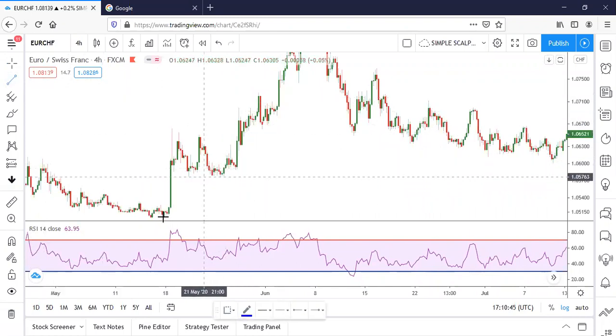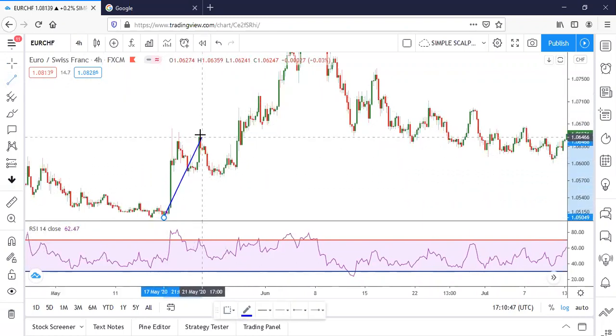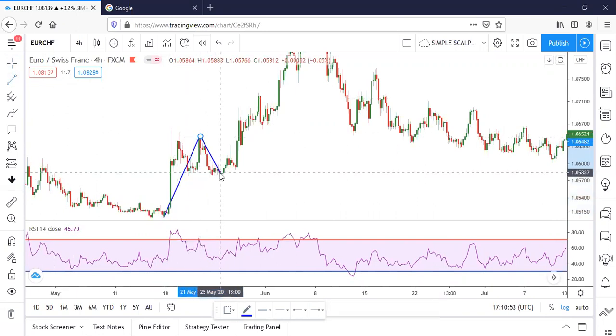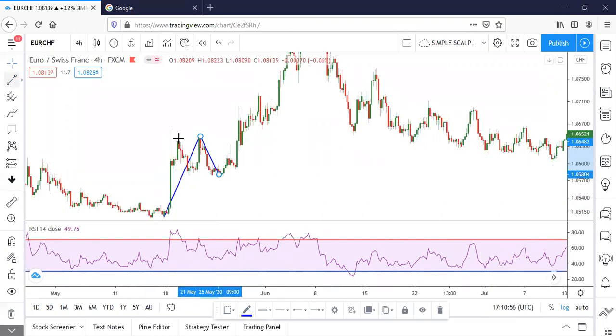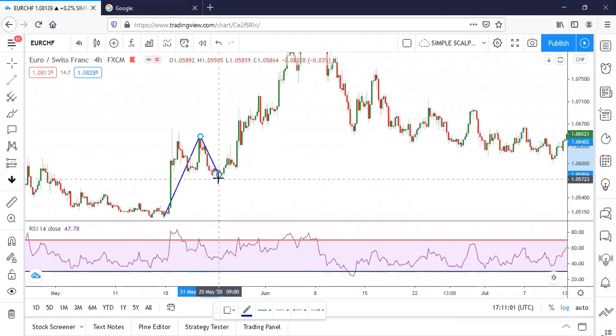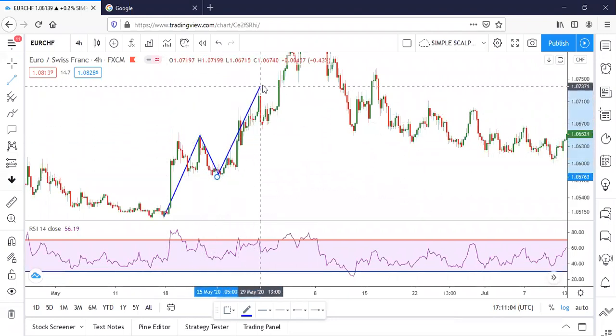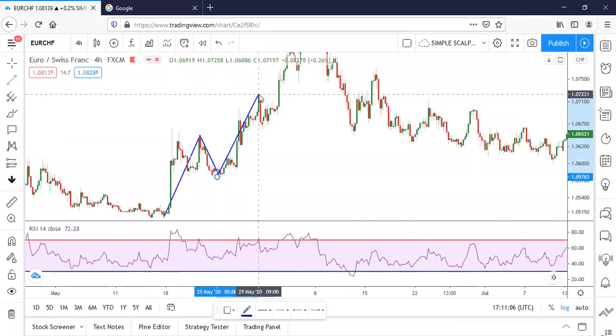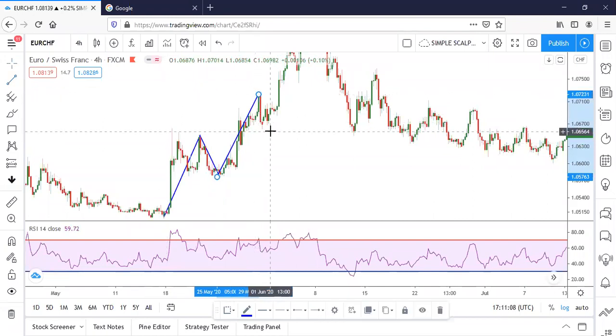Look at this area. We have an uptrend right here. Now a downtrend, sorry, a pushback, which is higher low. This is higher high, higher low. Then a push up to this place. I hope you guys are following.